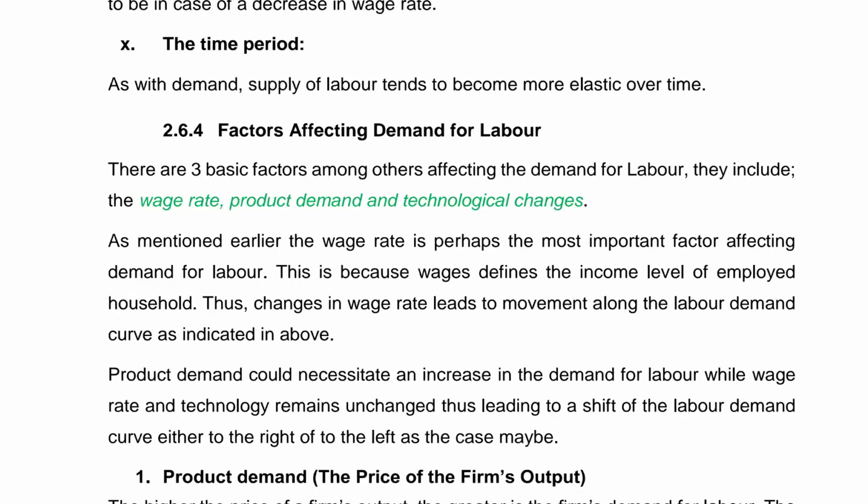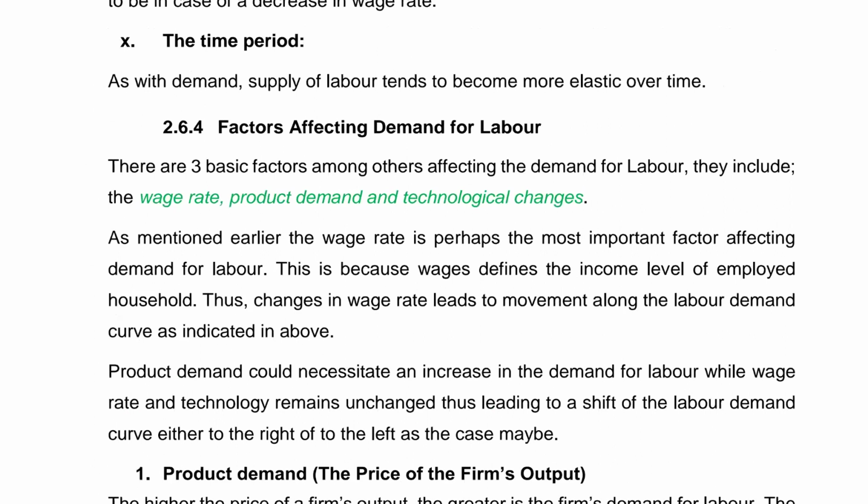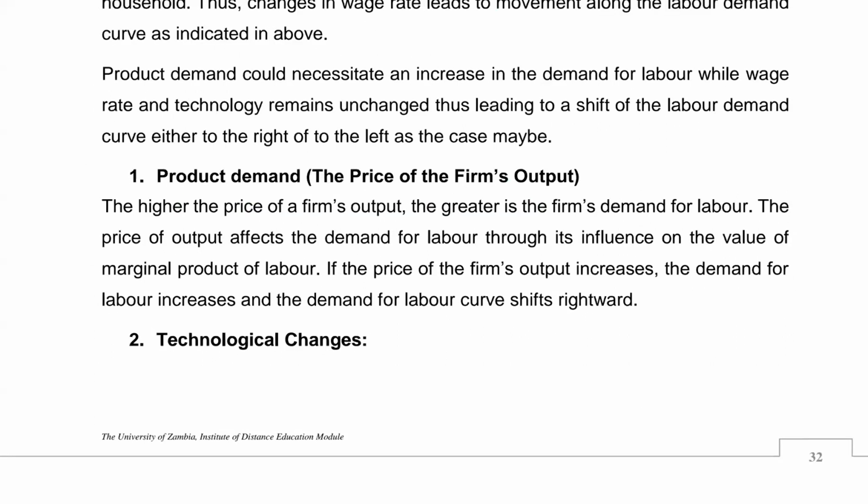What could be some of the factors affecting the demand for labor? The following are some of the factors affecting demand for labor. Number one, we have the product demand. If the product that the firm is producing is highly demanded, then the firm may be willing to demand more labor to produce it.